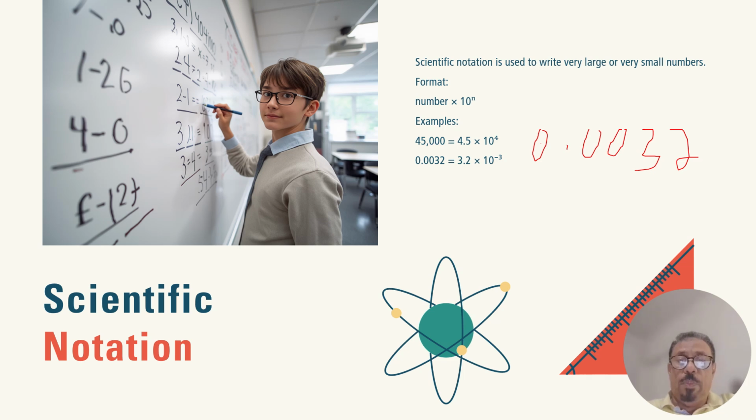I'm going to move the decimal point to the right, 1, 2, 3. So it is minus 3, 3 places. So the key idea: the exponent tells how many places the decimal point moves. Moving it to the left is positive, and to the right is negative.